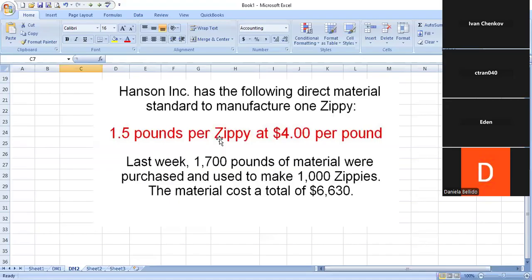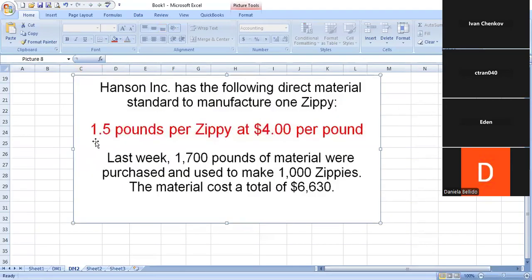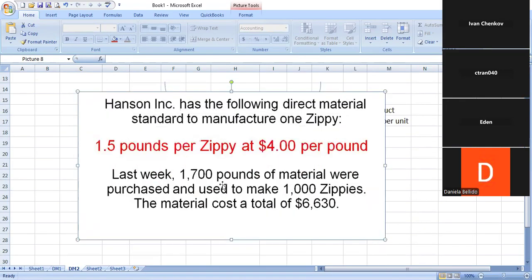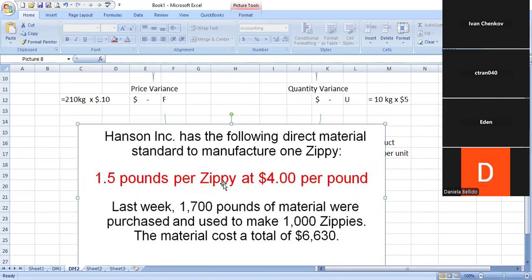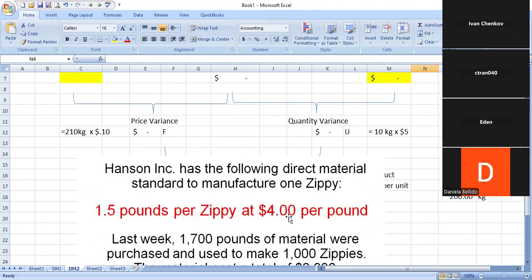This company has the following direct material standards: 0.5 pounds per zippy, which pay $4 per pound. What can we get from here? And from here only. We can get our standard price per direct material, correct?